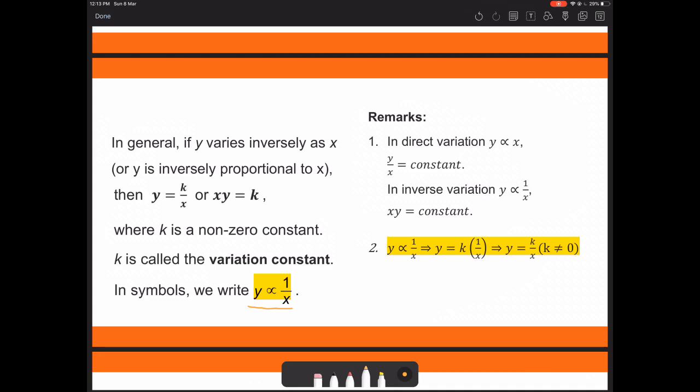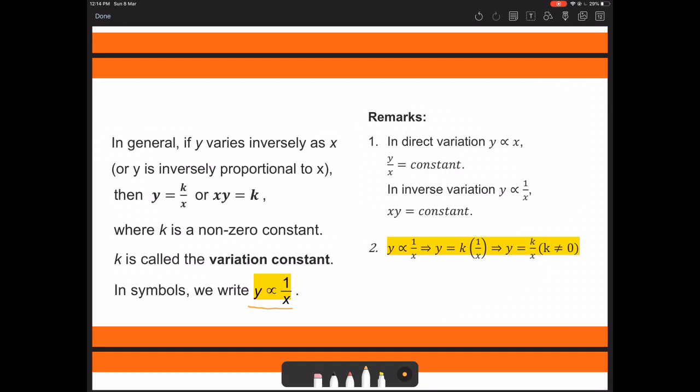Let's have a look at the right hand side, the second remark. If y varies directly as 1 over x, that means y is equal to a constant k times 1 over x. And that means y is equal to k over x. This is exactly the inverse variation. So that's why we can use the whole thing to represent inverse variation.